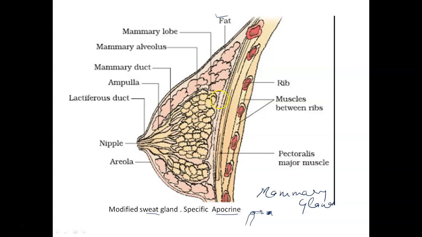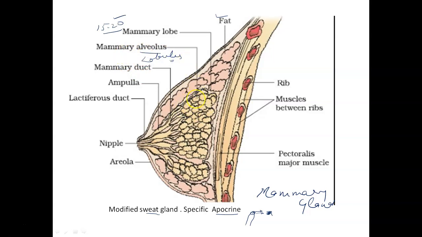Each mammary gland has 15 to 20 mammary lobes. Each mammary lobe is large, and this mammary lobe has smaller mammary lobules. So these are the mammary alveoli or lobules.